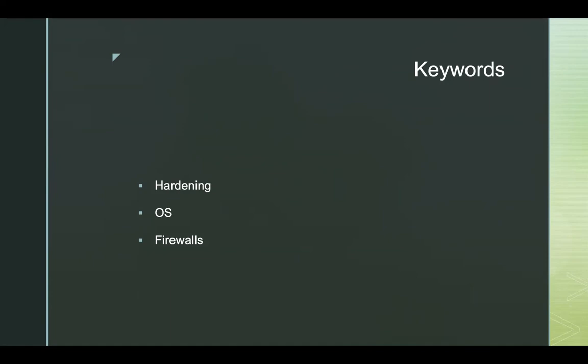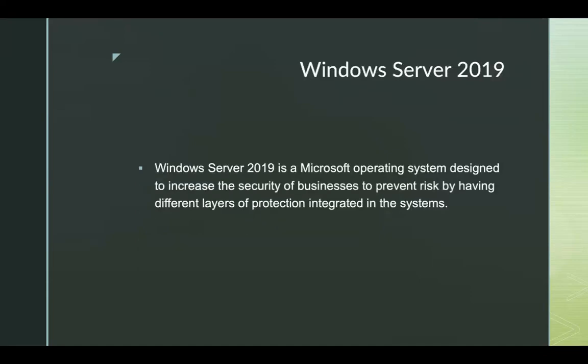Hardening is the eliminating of means of attack by patching vulnerabilities and turning off non-essential services. OS in this presentation will be Linux, Ubuntu 20 LTS, and Microsoft Server 2019. And firewalls monitor ingoing and outgoing traffic, and allow what goes in and what goes out.